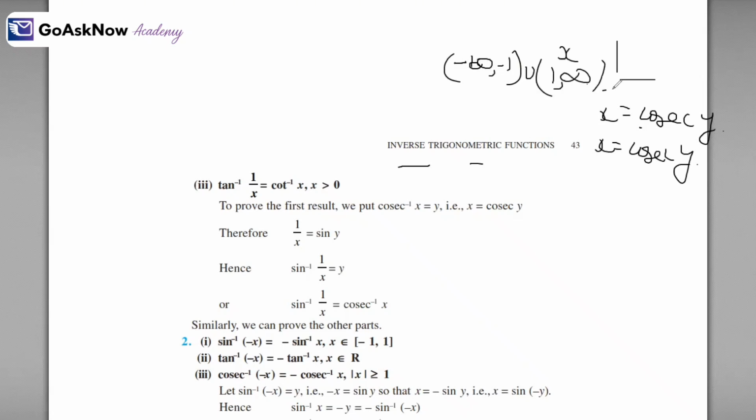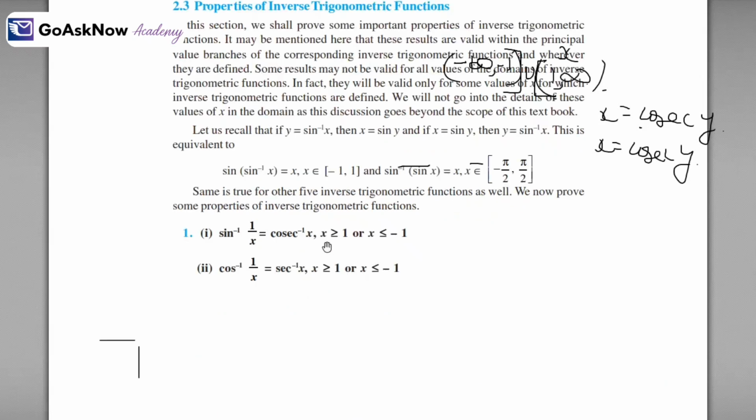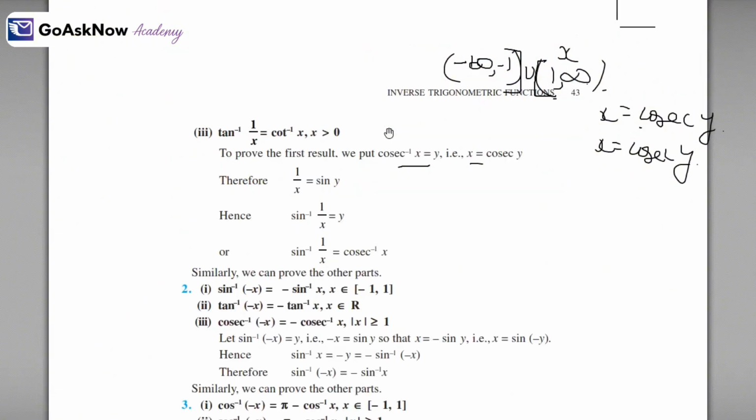That is why the conditions for x are that x should be less than or equal to -1 and greater than or equal to 1. Because these points are the range of cosec y. So that is why this is written here also. I have told you just now why the condition on x is given in the question.